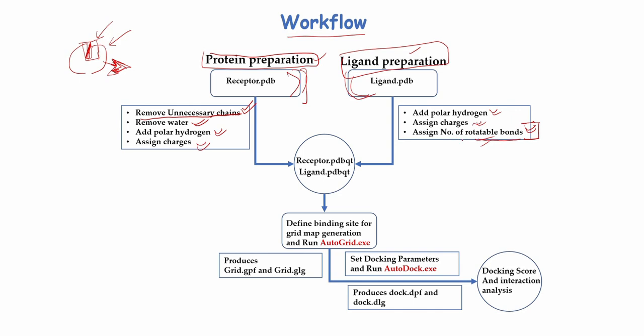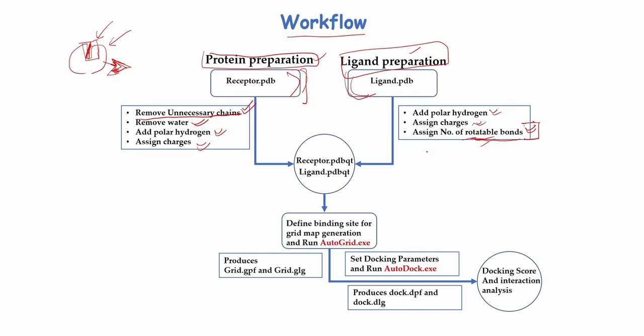Okay, so we have to convert this to PDBQT format, the receptor as well as the ligand, and then if you are doing targeted docking, you have to define the binding site. So you will have some kind of grid box to define the enclosure. Okay, we'll be doing this also.